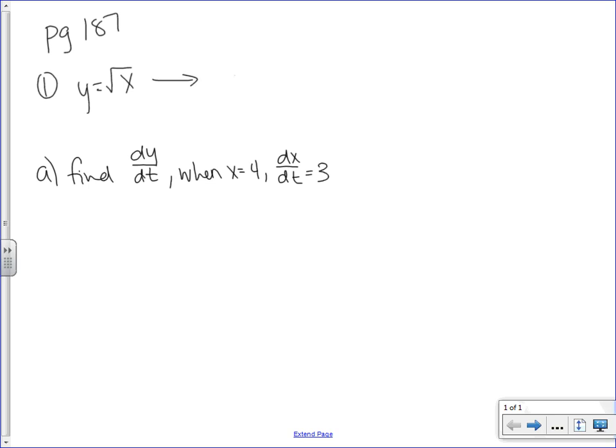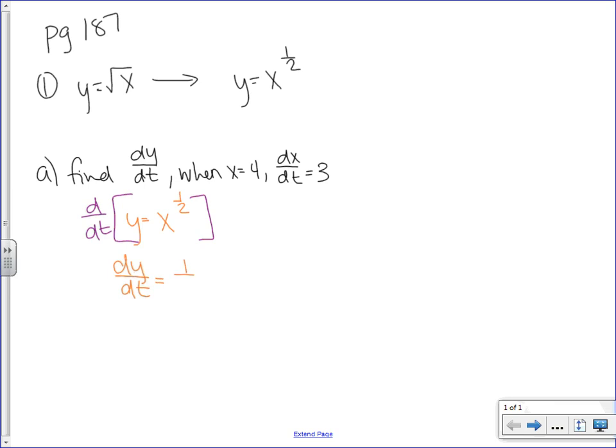To do that, the first thing I'm going to do is change this radical to an exponent because that's easier. And so when I take the derivative, remember, we take the derivative of both sides with respect to t. Since it's with respect to t, everything in this is going to be junk, because anything that doesn't have a t is junk. So on the left, I'm going to have dy/dt. And then on the right, you take the derivative like you normally would.